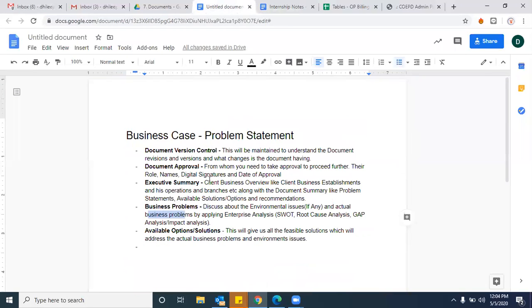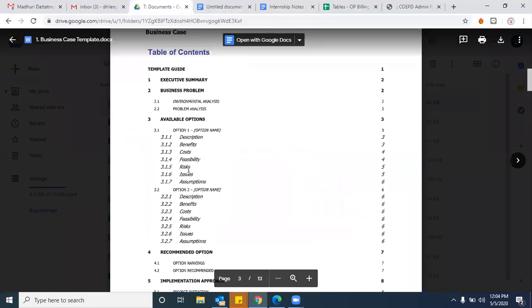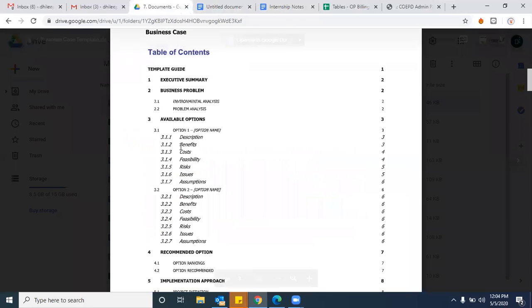Those things we need to discuss here in the benefits, and for implementing those things, what sort of costs are going to be incurred, how many people you are going to take, and what time it will take. All these things you need to discuss here: benefits, costs, and feasibility to implement. This feasibility will tell you whether the COTS can be implemented in the client's machines or not, right?